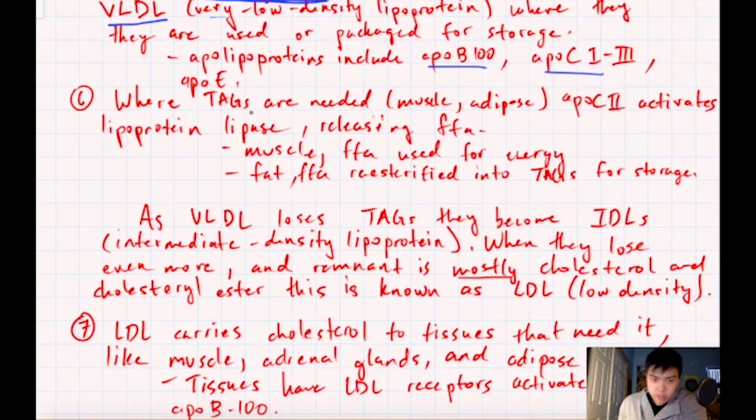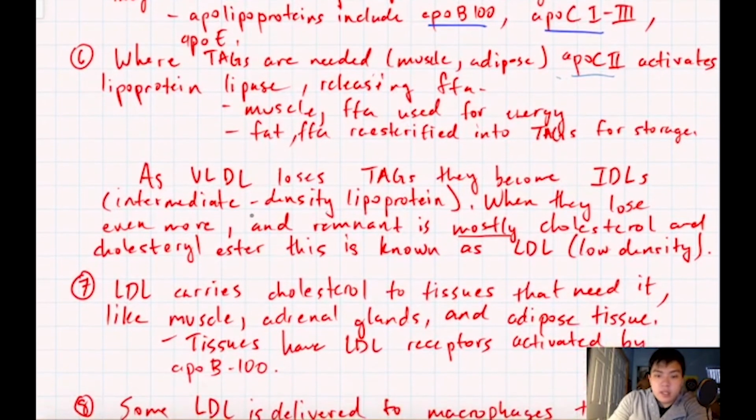So step 6 is where tissues that need more TAGs, right, more triacylglycerides, you're going to send your VLDLs to those tissues, and we have ApoC2 acting once again, because similar to the chylomicrons, the ApoC2 will activate lipoprotein lipases and release free fatty acids. When you do this, you're going to deflate it a little bit, and what you're left with is called an intermediate density lipoprotein.